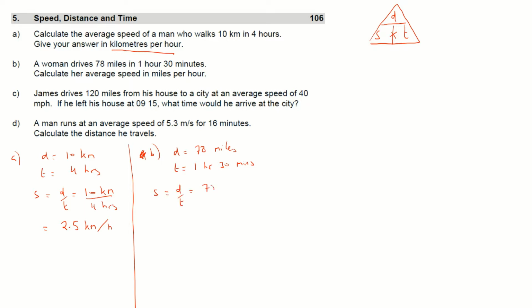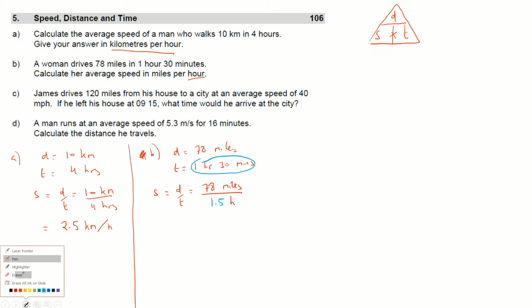Okay, so 78 miles. I need miles on top because it's miles per hour. Now on the bottom, I need hours, just hours. And at the moment, you'll see this time is in hours and minutes. That's not acceptable. An hour and 30 minutes. 30 minutes is half an hour. So this is 1.5 hours.